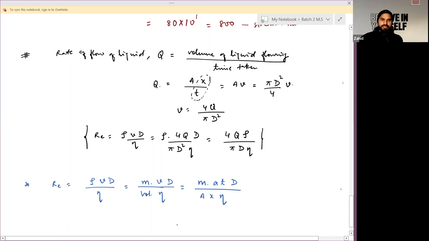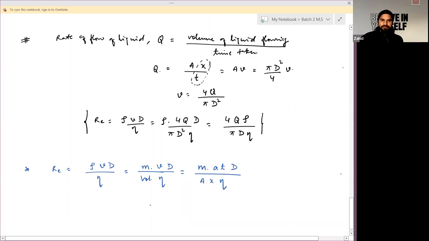So if you rearrange this equation, you will get mass times acceleration in the numerator, divided by eta A times x divided by d into t.